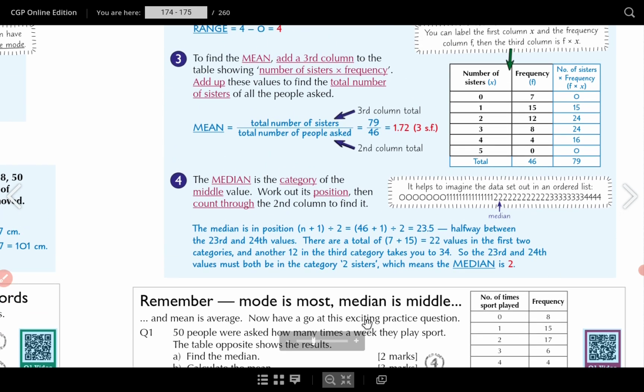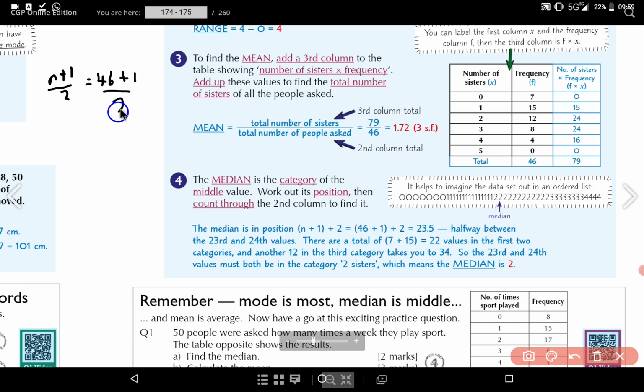We say n plus 1, divide by 2, and this will give us the position. So n is the sum of the frequencies here. So we're going to say 46 plus 1 over 2.